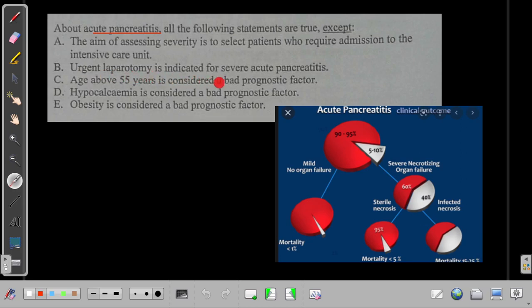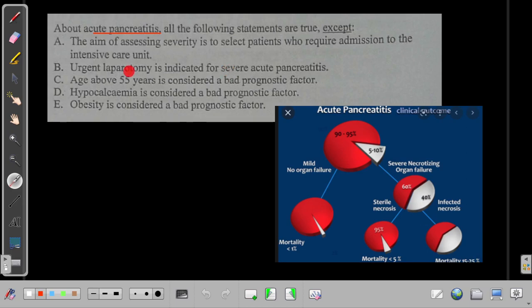Urgent laparotomy is indicated for severe acute pancreatitis. This is the exception. This is untrue. Go for B, because as a matter of fact, the majority of cases of acute pancreatitis are treated medically, conservatively. Very few cases, a very small subset of patients with acute pancreatitis, will be treated surgically.